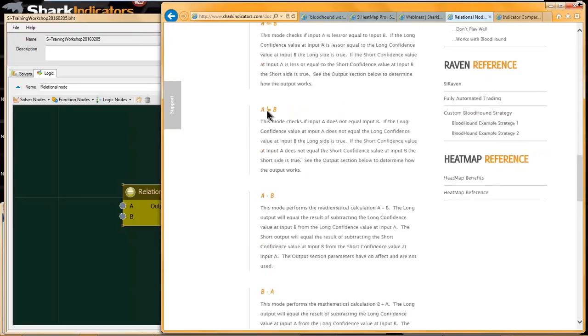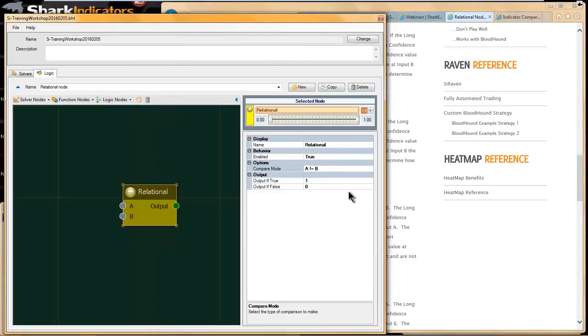Right here is A not equal to B, exclamation equals B. And then there's even an A minus B, or a B minus A, and the absolute of A minus B.